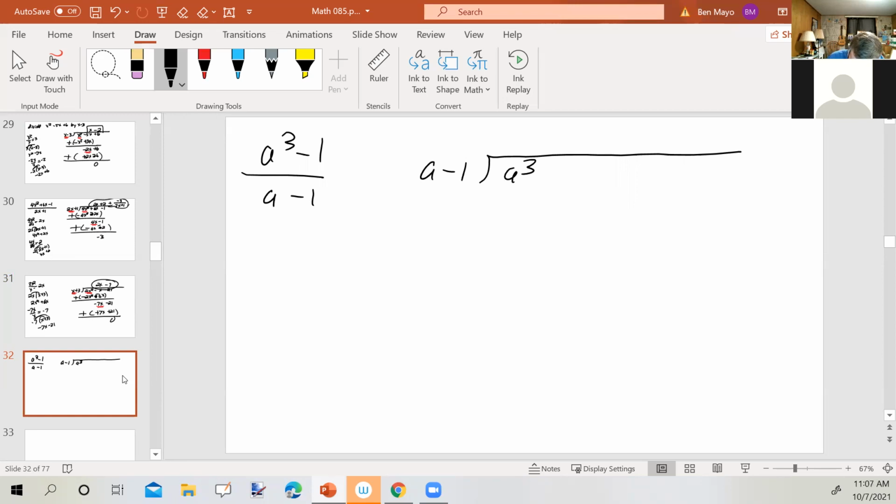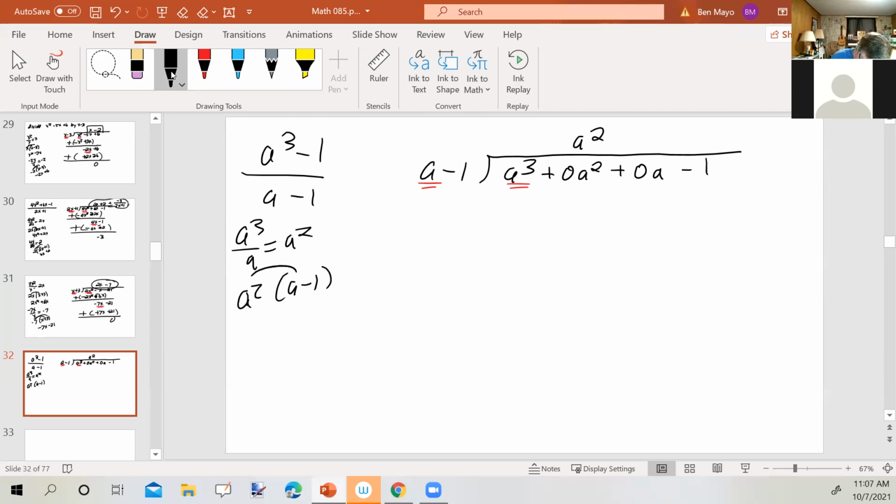So we've got a cubed plus 0a squared plus 0a minus 1. Okay. Leading term inside divided by leading term outside. A cubed divided by a is a squared. A squared times a minus 1. A cubed minus a squared.